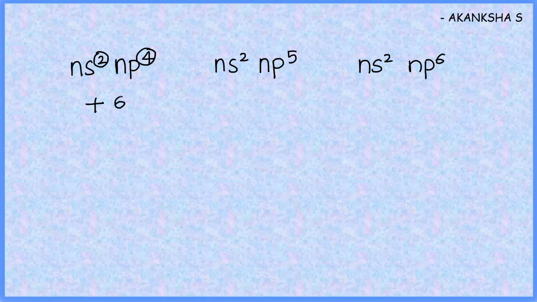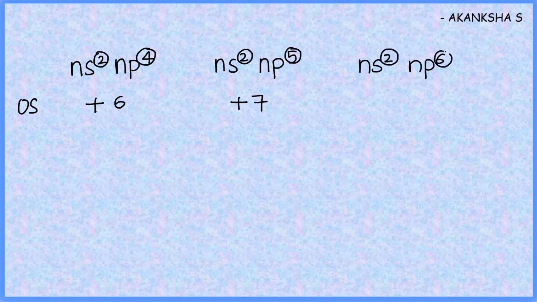So maximum achievable oxidation state could be +6. 2, 5: maximum oxidation state can be achieved as +7. 2, 6: maximum oxidation state is +8. Okay, so this is one way of going towards it.